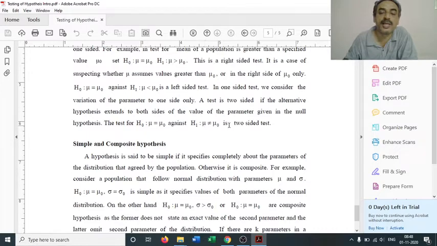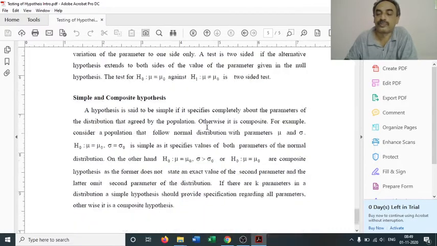Left side and right side are both considered in H1, so that is a two-sided test. Therefore, the type of the test is based upon the interval of the parameter cited in H1. It may be one-sided, then right or left according to the interval in H1, and two-sided if it is not equal to mu 0.